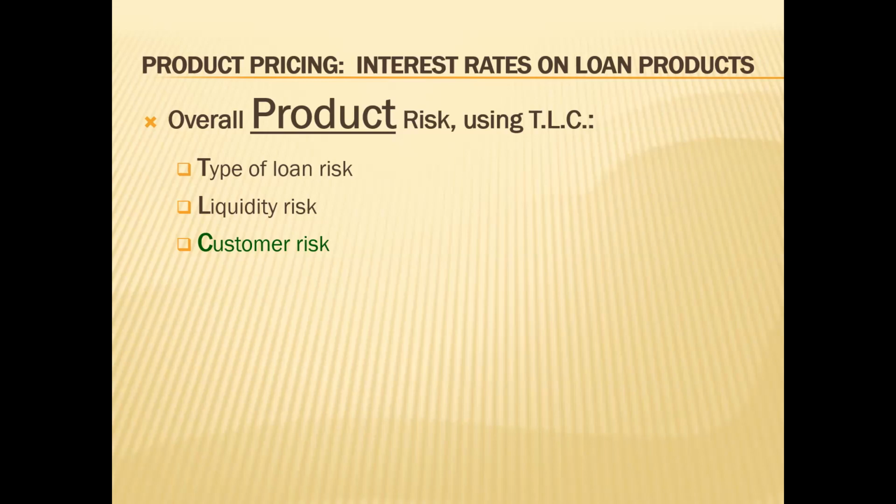So the type of loan risk, and the liquidity risk, which has to do with how much money you have to lend or allocate. Well, first of all, what your portfolio makeup is, what percentage of loans you want your portfolio to be made up of, what percentage you want in mortgages, business loans, etc. Okay, so given a simple example, I may have given a similar example when we first talked about this.